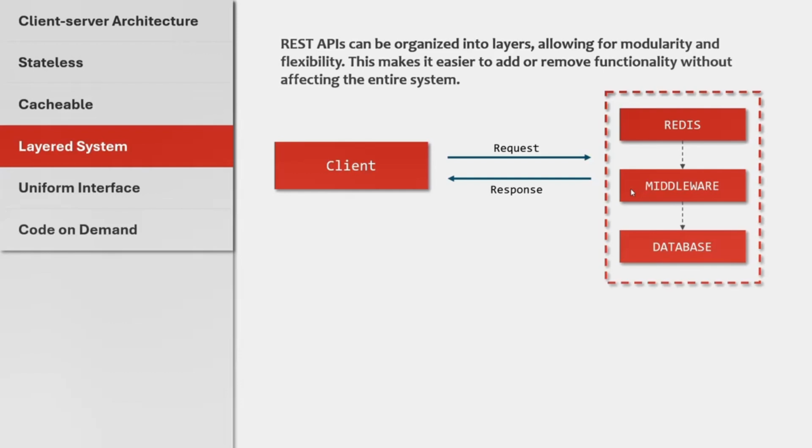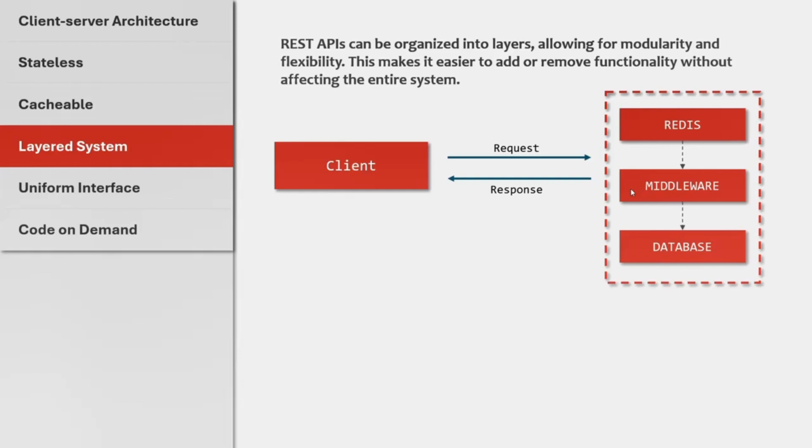Usually, a request goes through a lot of layered systems before the response is sent back to the client. But the client is not aware of any of these layers. Client has a single uniform API endpoint or interface which it interacts with, and it does not care about how many layers the request has to go through before a response is sent back to the client.